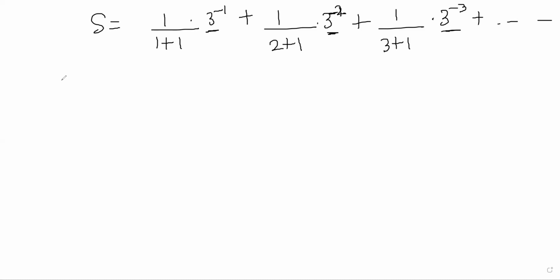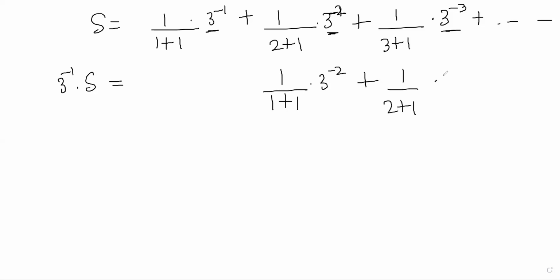We can say 3 power minus 1 into s should be equal to 1 by 1 plus 1 into 3 power minus 2, 1 by 2 plus 1 into 3 power minus 3, and so on. But right now, immediately nothing happens if you subtract, no? That's the problem, because it's an HP, not an AP.